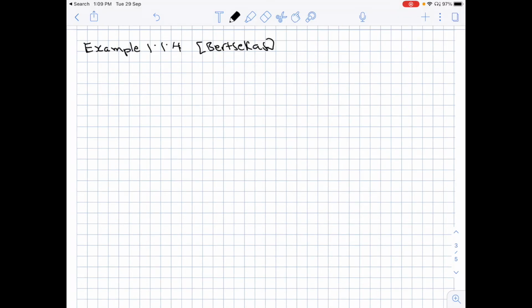Let's take now one example. This is actually example 1.1.4 from the Bertsekas exercise problems. And we have to show that 1 plus x is greater than or equal to 2 for all x greater than 0. So strictly speaking, it is a constrained optimization problem, is it not?